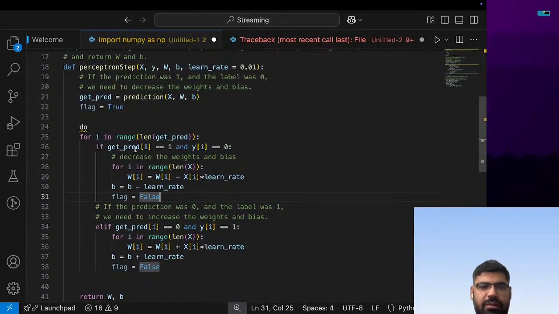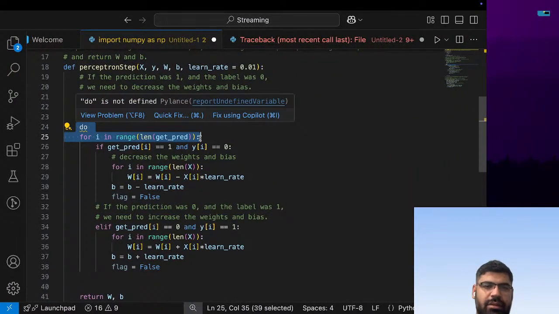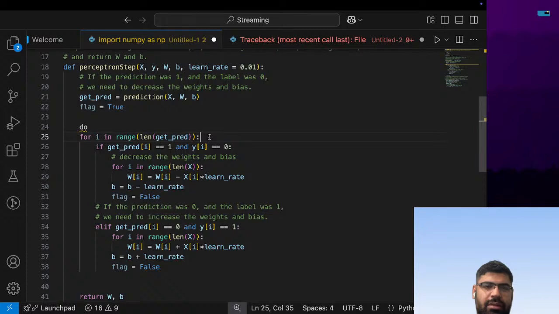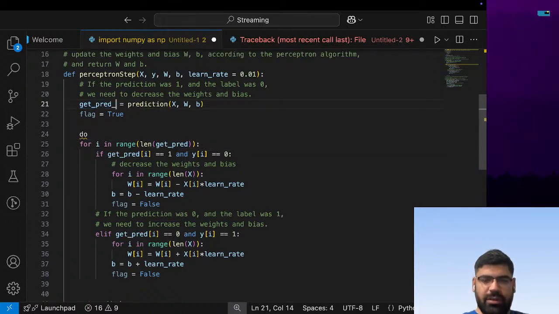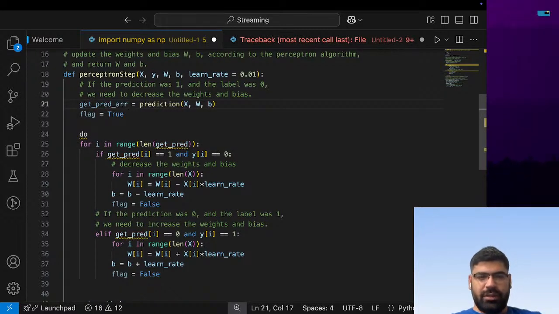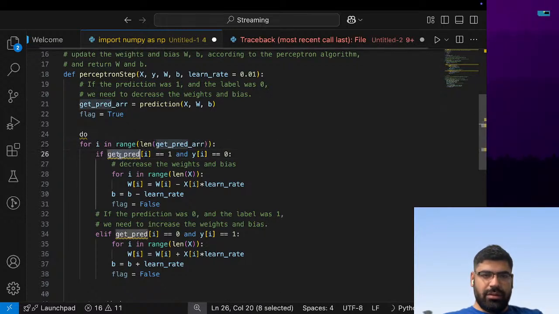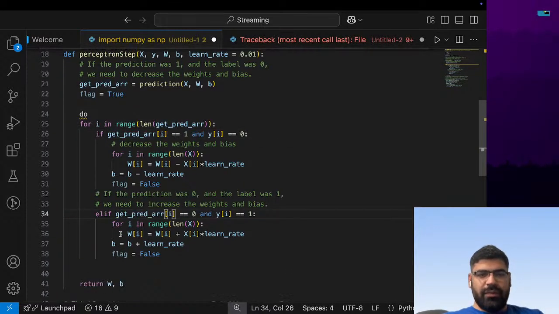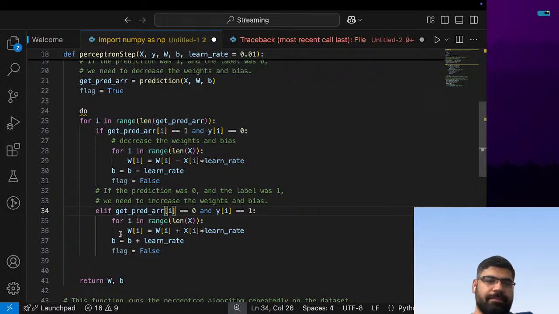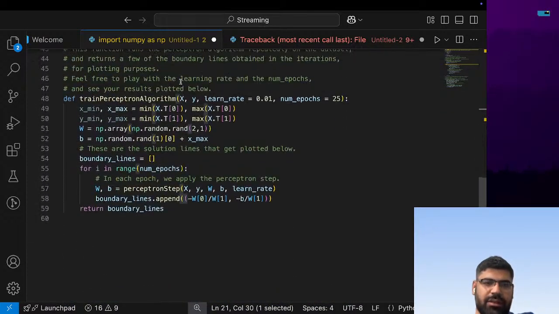Let's get that. So get prediction array. We're getting the whole array of predictions, right? Whether it was right, wrong, whatever, for all these x values and y's.